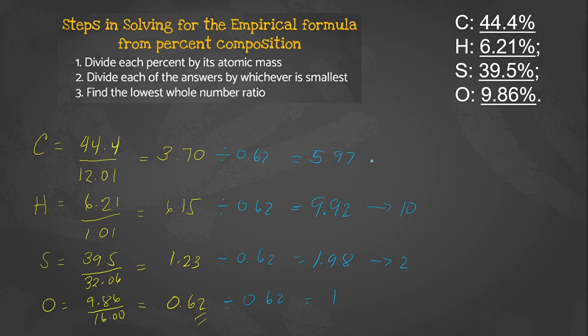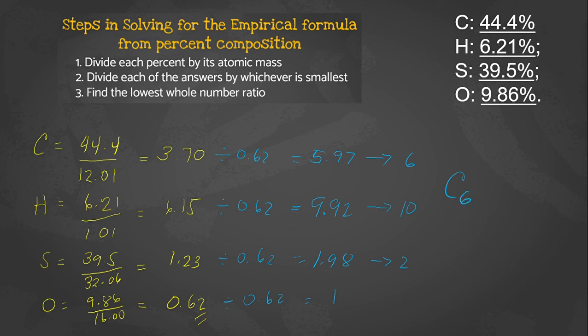So, ito kasi pwede na kagad natin itong i-round off into 6. So, ngayon, nakuha na natin yung mga whole number ratios nung mga elements dun sa compound natin na allicin. So, we have carbon is 6.